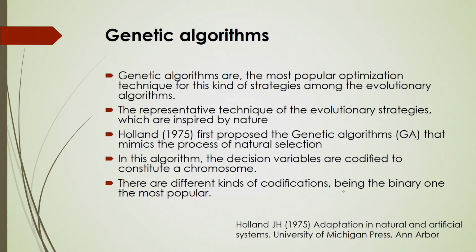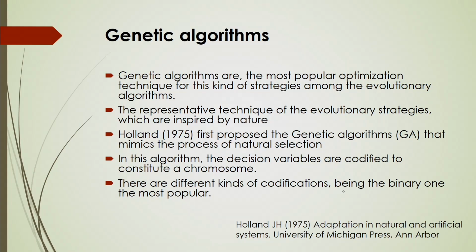Genetic algorithms were first proposed by Holland in 1975, and they mimic the process of natural selection. In this algorithm the decision variables are codified to constitute a chromosome. So, the algorithm is based on how the chromosome is constituted.